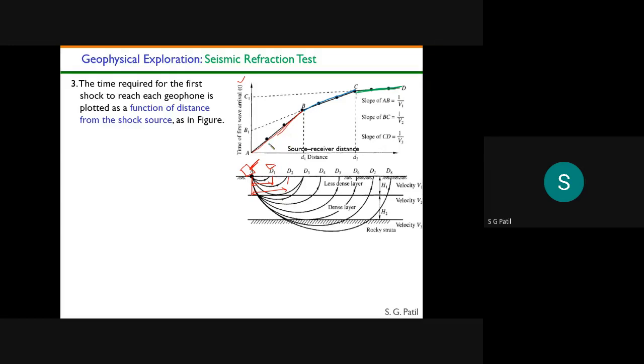Somebody in my WhatsApp group asked how to get this velocity. The velocity is nothing but the slope of these particular straight lines.